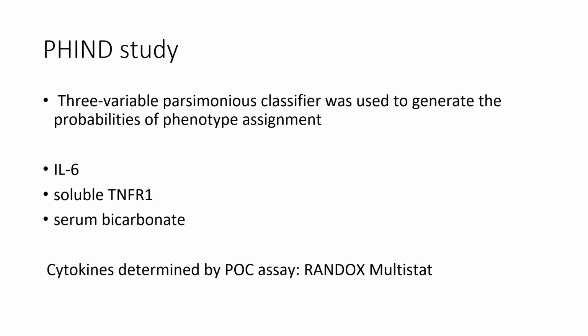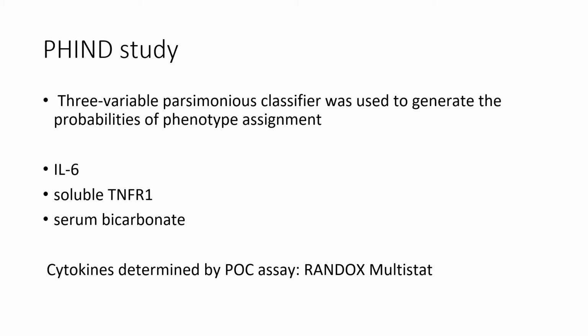The aim of the currently ongoing FIND study is to determine if a 3-variable classifier can generate the probabilities for phenotype assignment using cytokine assays on a point-of-care device developed by Randox Laboratories, the Evidence MultiSTAT platform. The 3 variables in this model are IL-6, soluble TNF receptor 1 levels, and serum bicarbonate.